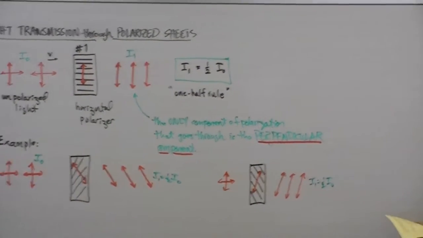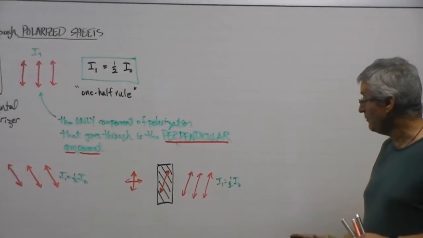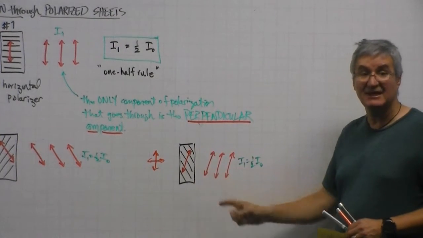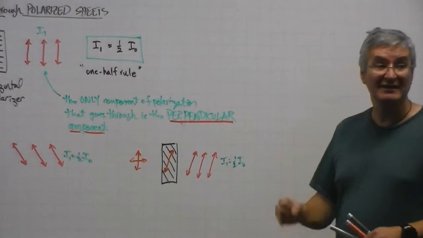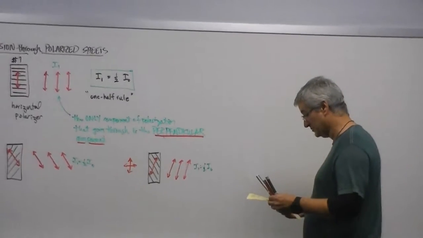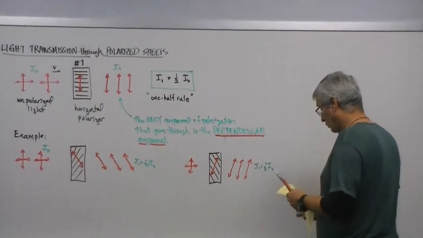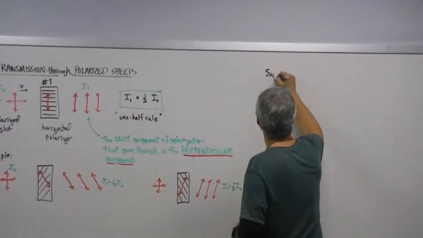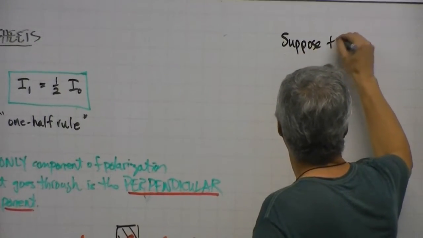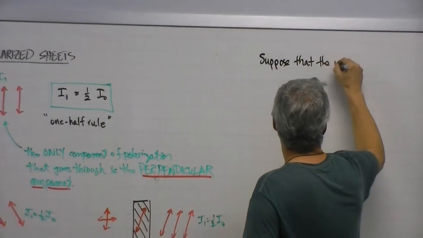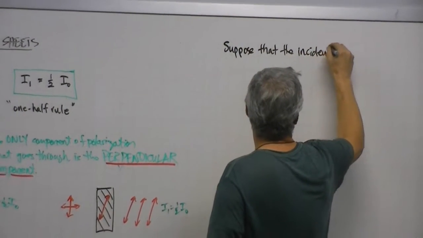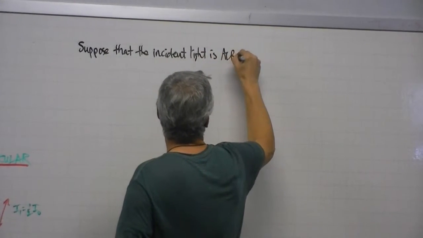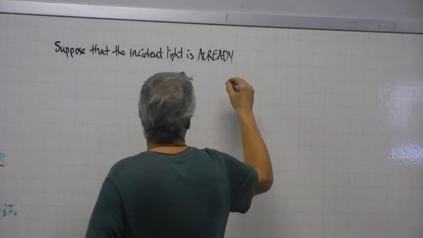So now what I want to do here is imagine that I have a polarizer like this, and now we have to include the angle of this polarizer here. So what I want to do is suppose that the incident light is already polarized.